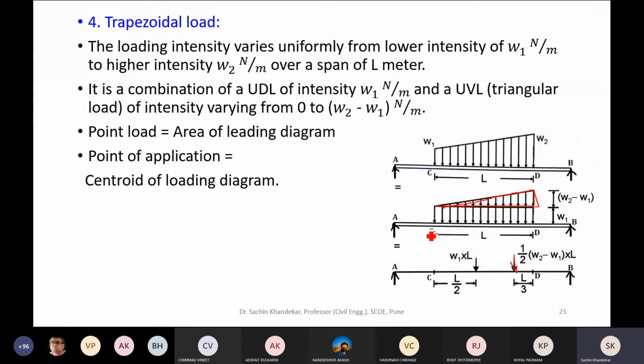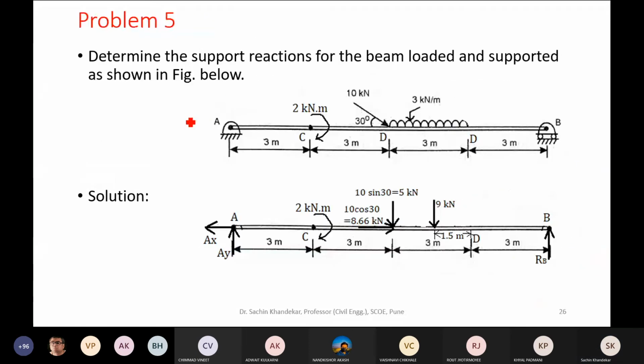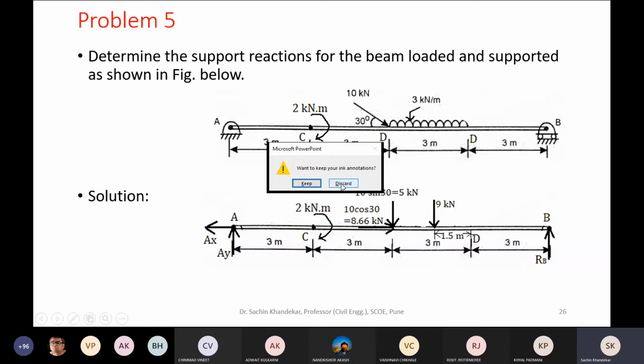That means you find the area of this triangle. How much is the area? 1/2 into base L multiplied by height, where height is W2 minus W1, acting at a distance of L by 3 from point D. Right, so let us discuss one numerical problem based on the beam.